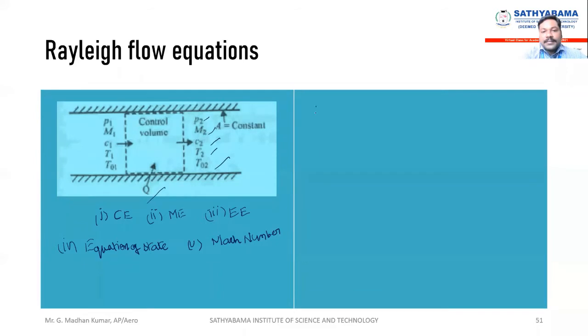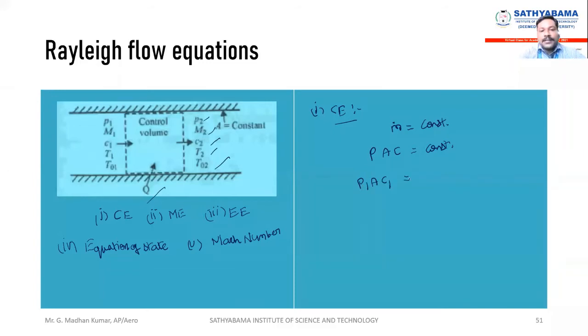First is the continuity equation. The continuity equation says the mass flow rate is constant: m dot is equal to constant. Here m dot is nothing but rho A C. In this control volume, on the left hand side we have rho 1, constant area A, and C1.